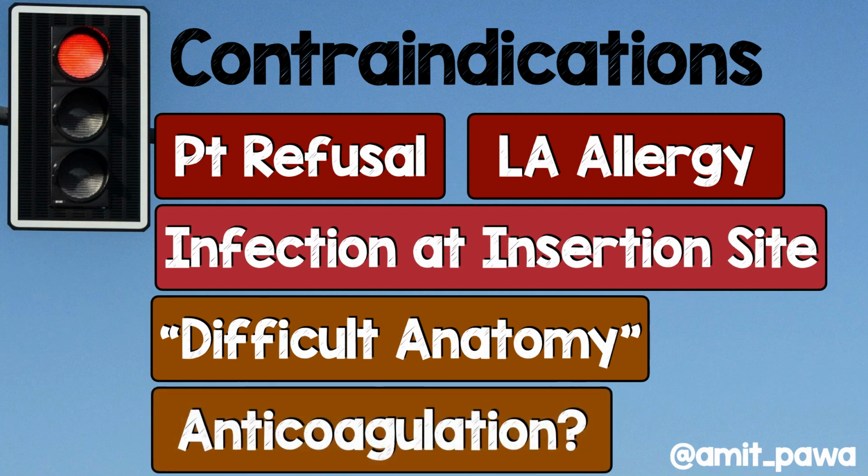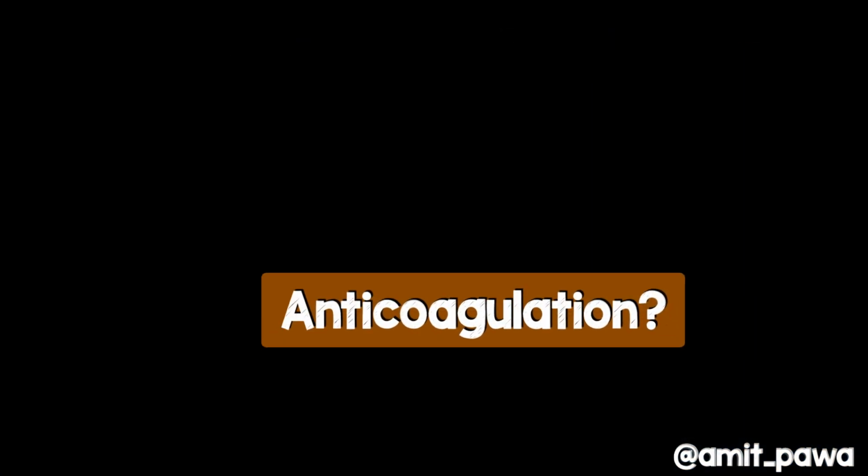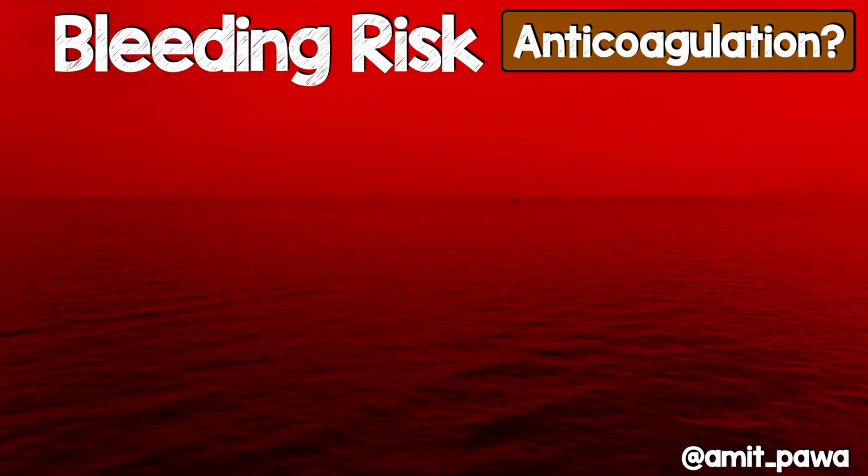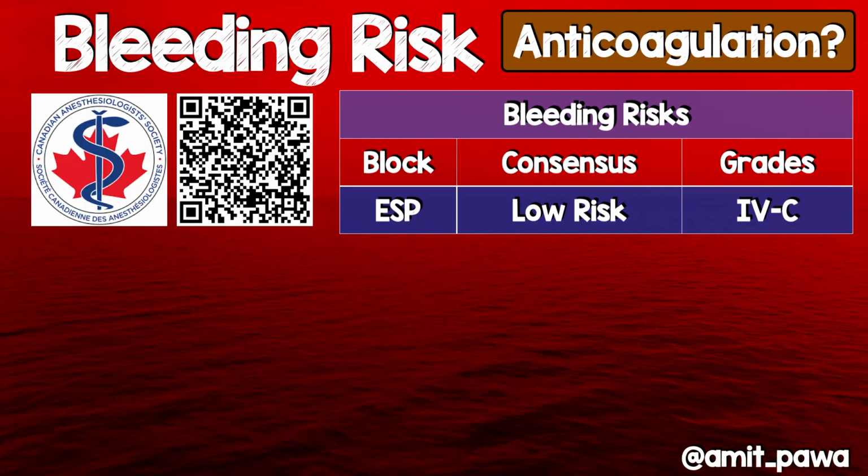And the last thing I want to mention here is anticoagulation. Now, anticoagulation when it comes to erector spinae plane block isn't necessarily the same as when you're thinking about a paravertebral or an epidural. And on this note, there's been some interesting guidelines and consensus statements that have come out.